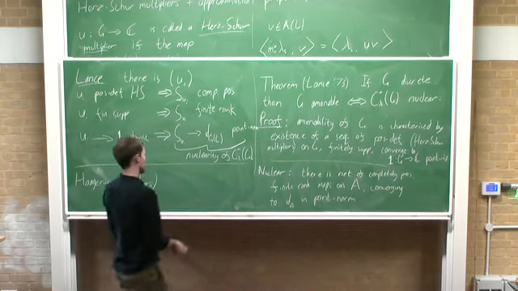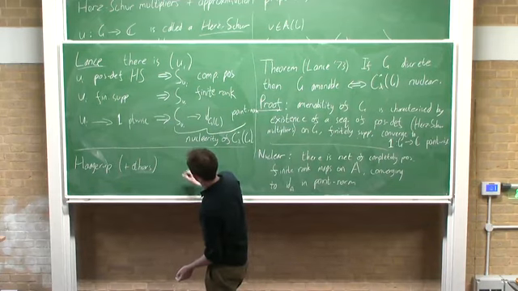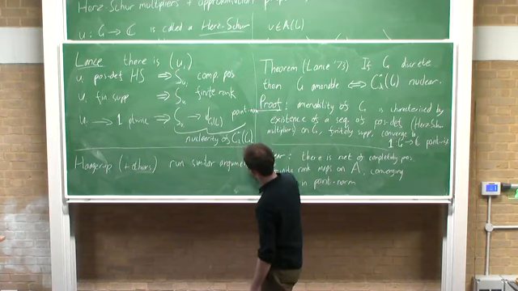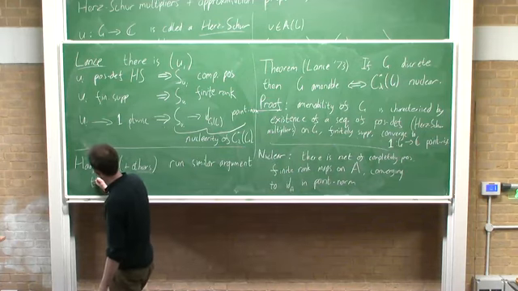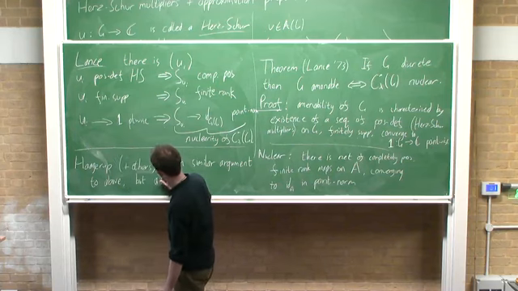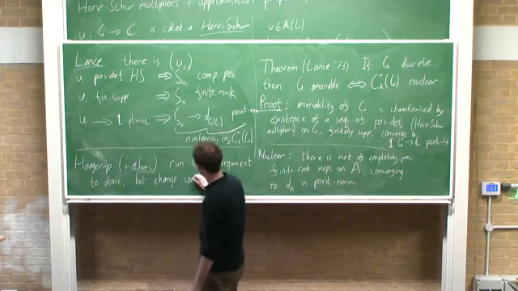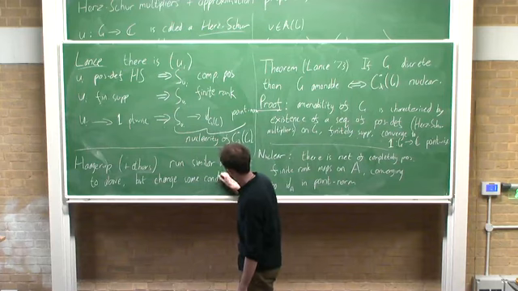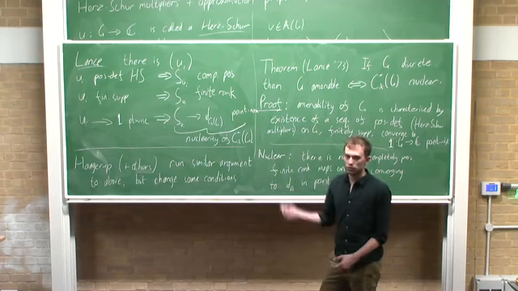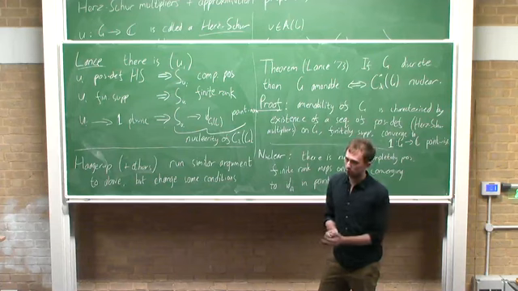So the idea is to run a similar argument to the one I've just indicated, but change some of the conditions and see what properties of C-star algebras you get, or what properties of groups you get.